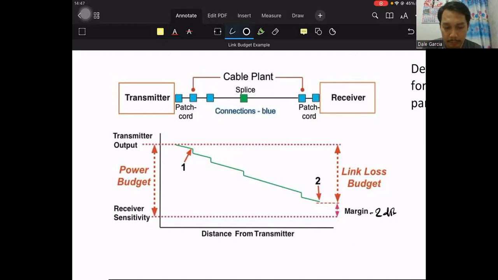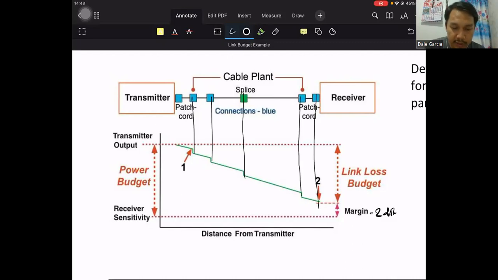So notice here, the visual above and below is similar. Every time a connector happens or even a splice, the dB level goes lower.